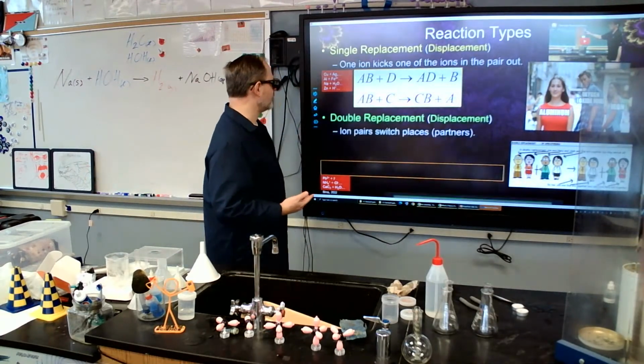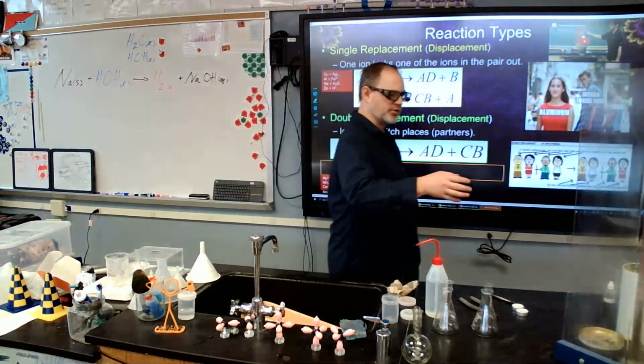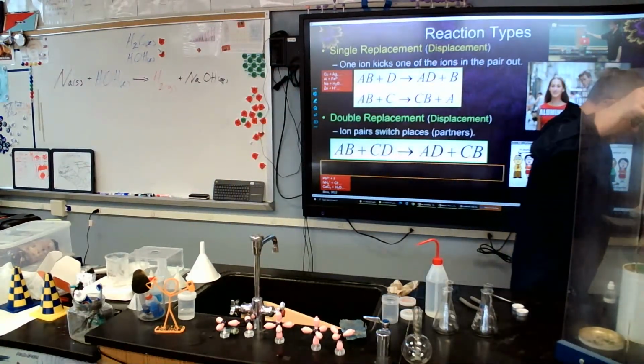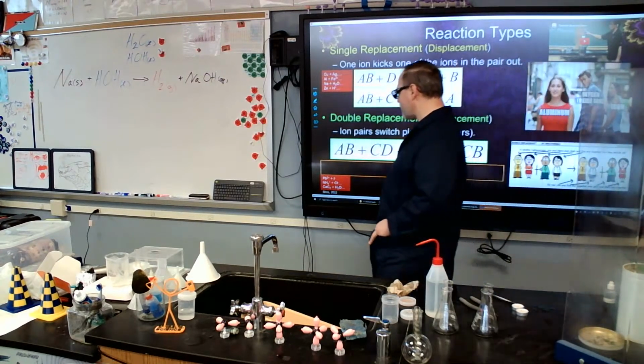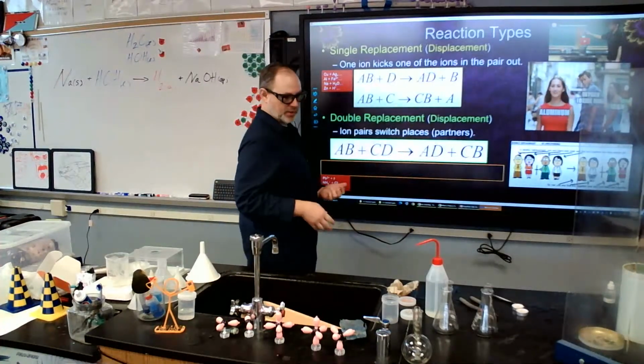In a double replacement reaction, the ions switch partners. A B plus C D react to produce A D and C B.